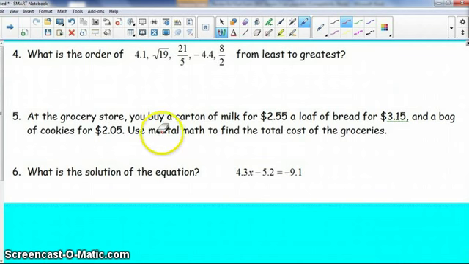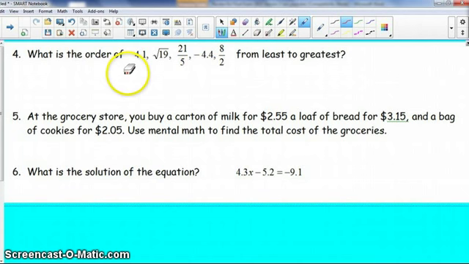Moving right along, we say what is the order of all of those from least to greatest. And you need to kind of get them in the same form, like this is a decimal, this is a radical, this is a fraction. So in my opinion, I think getting them all to decimals will be your best bet. And so what I'm going to do is change these to decimals first, and then order them.